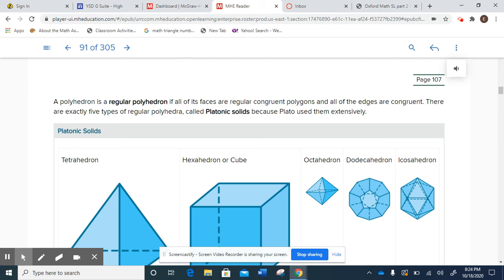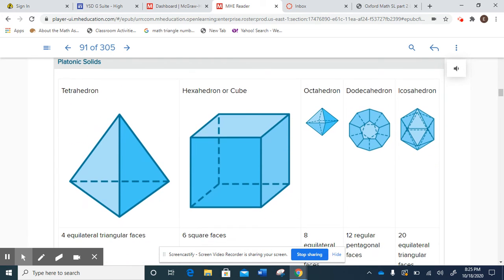A regular polyhedron is when you have all equal or congruent faces, all congruent edges, okay? So in this case, for this first one, we have a tetrahedron that all has triangle faces and they're all equal.